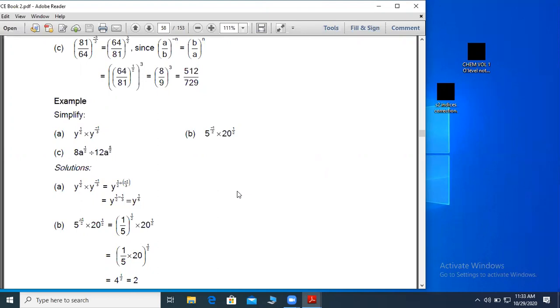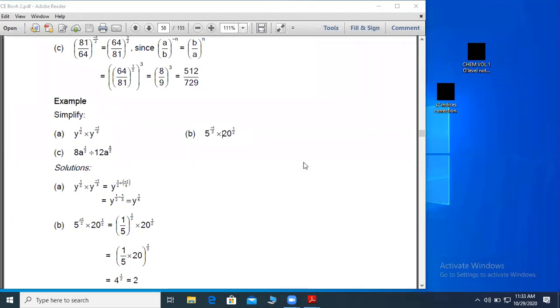Now, when you do that, you realize that you have 5 to the power of negative a half times 5 to the power of half, where the base is the same. So you write one base, which is 5, and you add the powers, negative a half plus a half, which is 5 to the power of 0. Then you multiply by 4 to the power of a half.